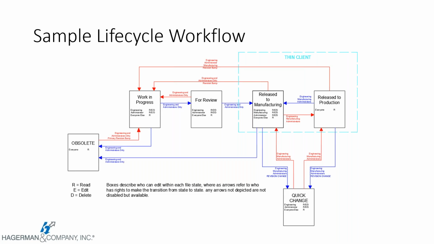In all reality, with the newer versions of Vault, we can also output neutral solid files. So if we have third-party applications needing the CAM data, we can output those files to have them accessible. We can then import that STEP or IGES into Gibbs CAM or whatever.